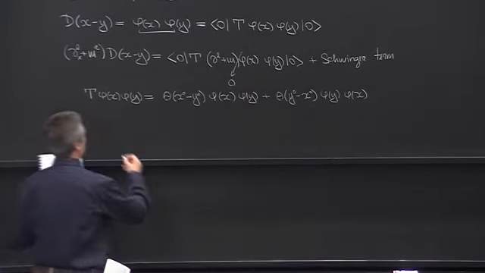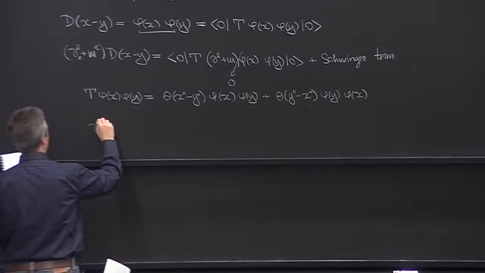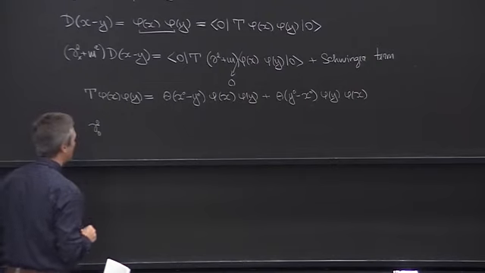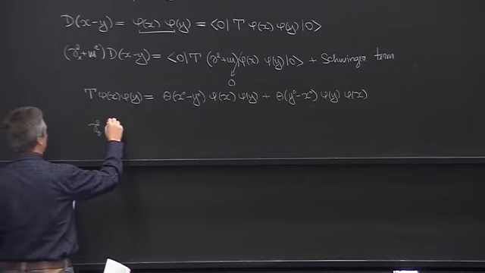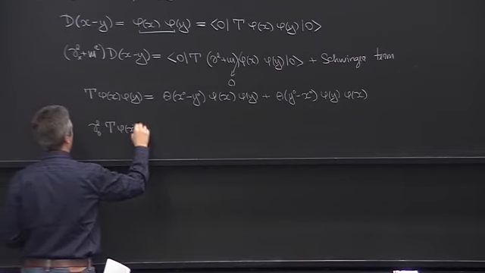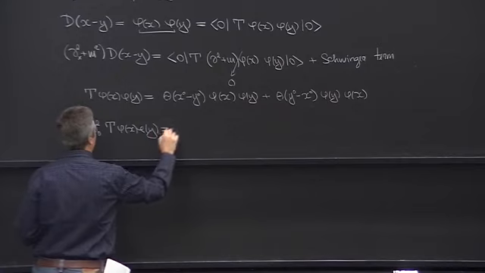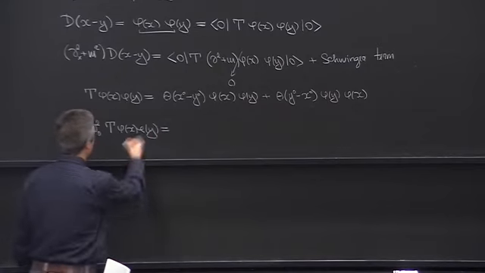So let's do it explicitly. So what do we get? We need only to look at the derivative in time. Well, then we apply the chain rule.